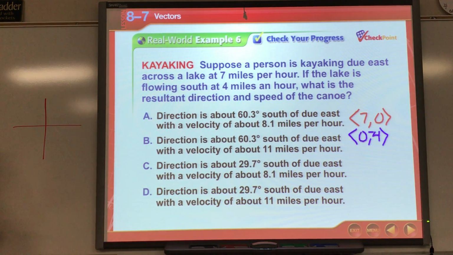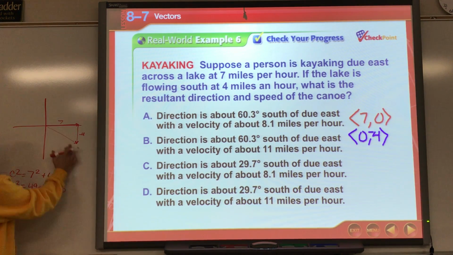There's our coordinate plane. So we're going over 7, say this is 7, and then we're going down 4. Our speed is going to be using the Pythagorean theorem here. So c squared equals 7 squared plus 4 squared, that would equal 49 plus 16, so 65.